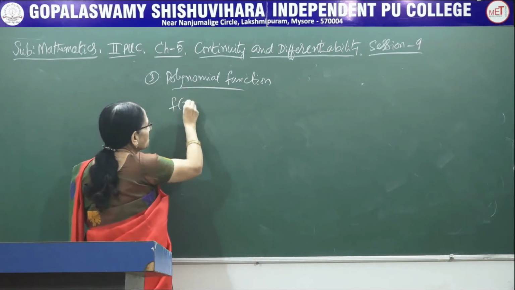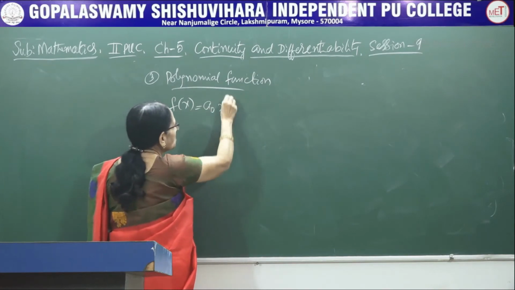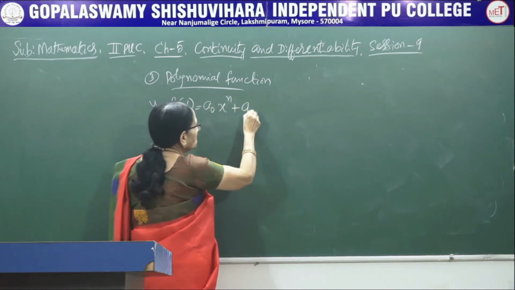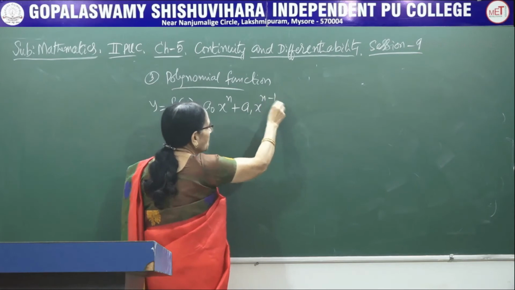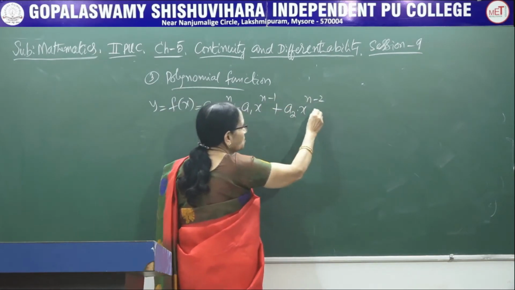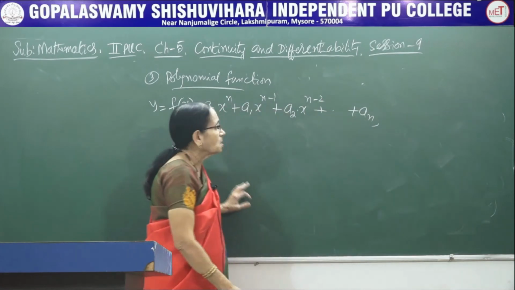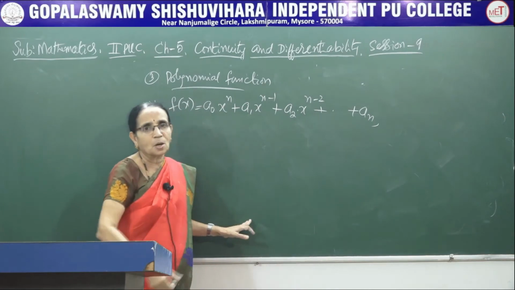Now, let us take a function y is equal to f(x) as a0 x to the power n, a1 x to the power n minus 1, a2 x to the power n minus 2, etc. Last one is an. Now, I am considering a general polynomial function.